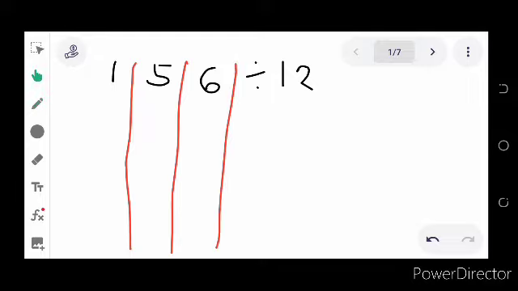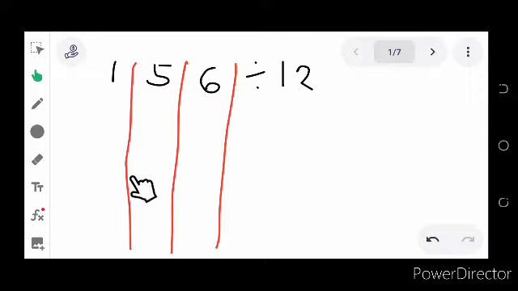You have the leftmost column for the hundreds digit, which is 1, the middle column for the tens, and the rightmost column, or the last column, for your ones. Now, the divisor always represents the pattern that you're going to use in your division process.